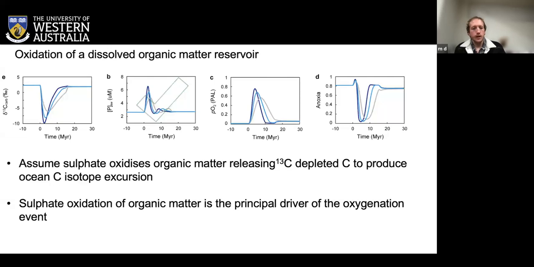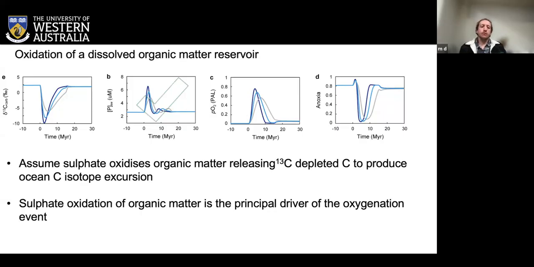So we use this model to build on the work of Shields et al., a paper published back in 2019, I could be wrong.